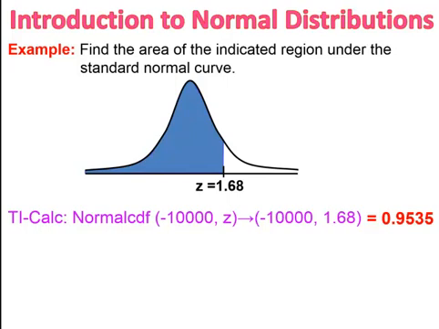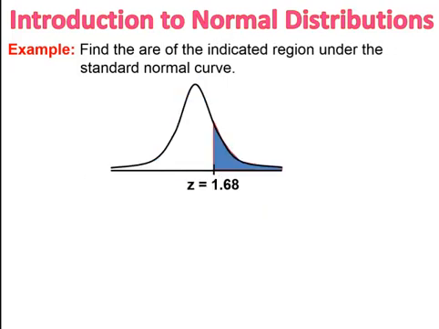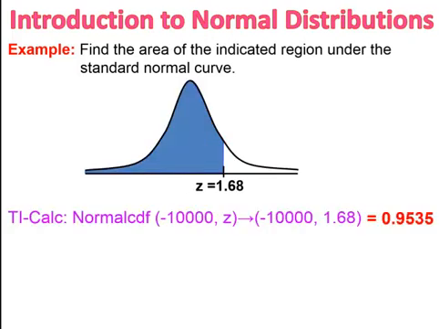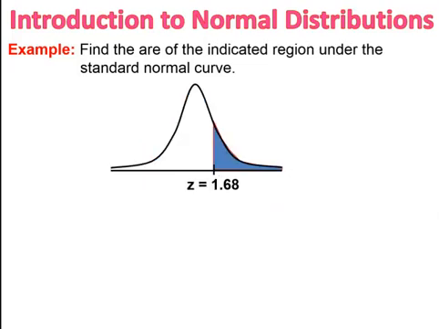So for this next example, notice that it's the same z-value, but it's shaded to the right. So our value for that shading is not going to be the previous one of 0.9535, because the shading isn't 95%. So it's really important that you notice what you're working with.